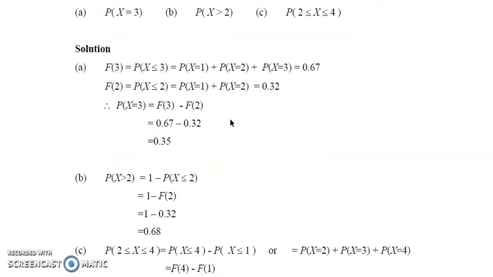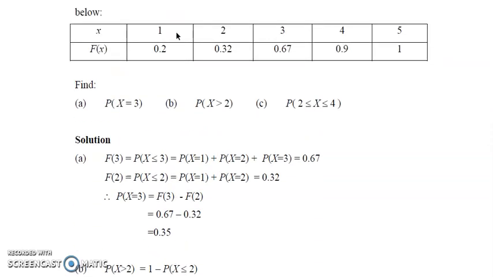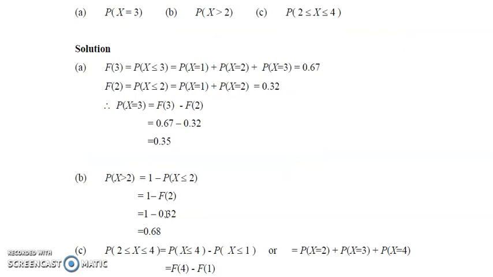You can use this formula: 1 minus the probability of x less than or equal to 2. As we know, x less than or equal to 2 is defined as F2, because we don't want this column when x is equal to 1 and x is equal to 2. So we want 1 minus F2, so 1 minus 0.32, we'll be having 0.68.